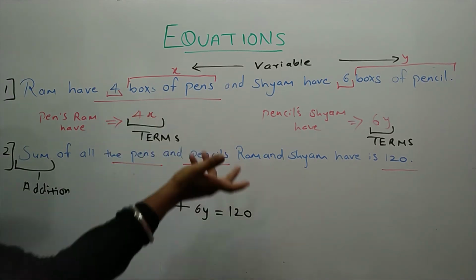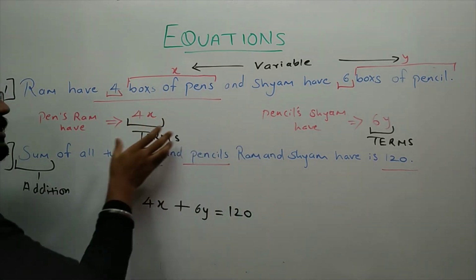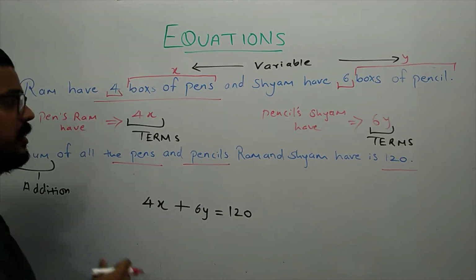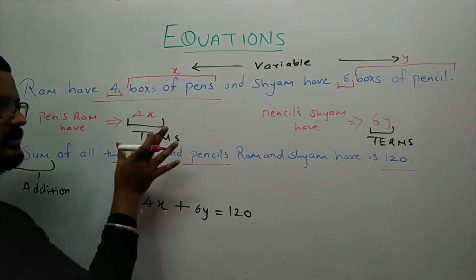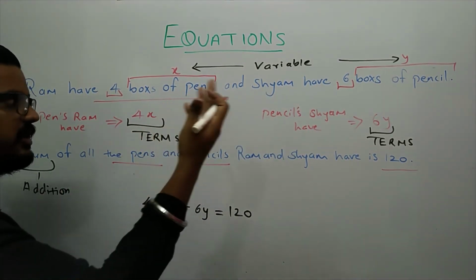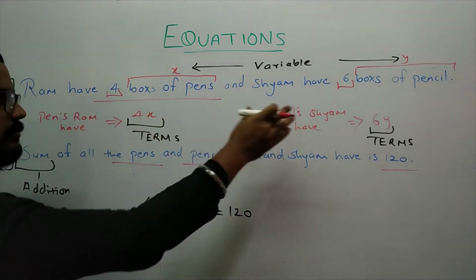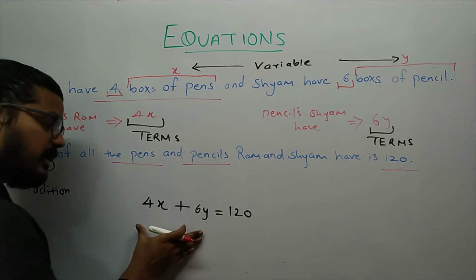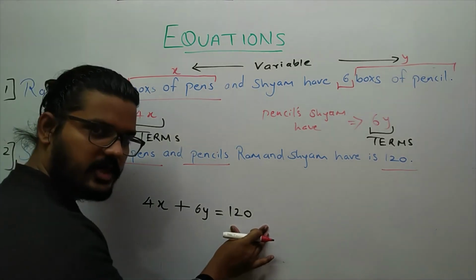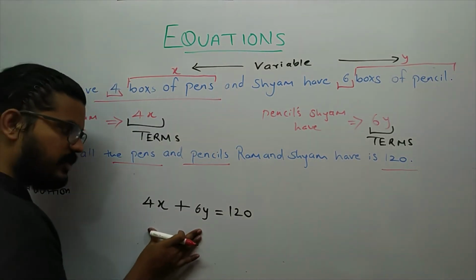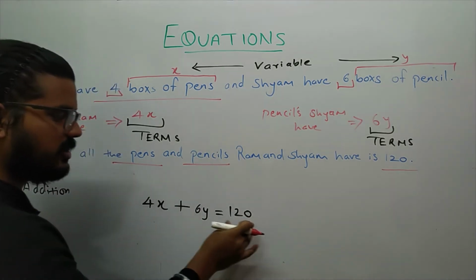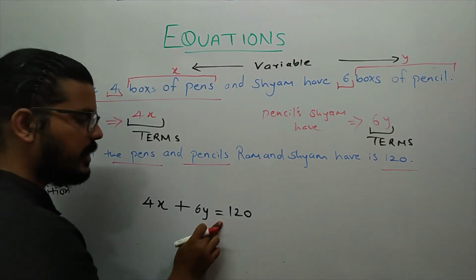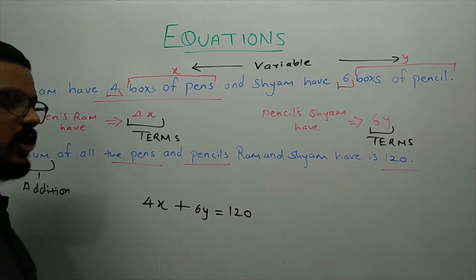So this was a simple term. When we have certain terms together, we call it an expression. So if we observe, this is a term, this is a term, and this is an expression. If we have multiple terms like this, it's an expression. But whenever there is one expression and another expression, this is an algebraic expression, this is a numeric expression. If both the expressions are equated with the equal sign, it's called an equation.